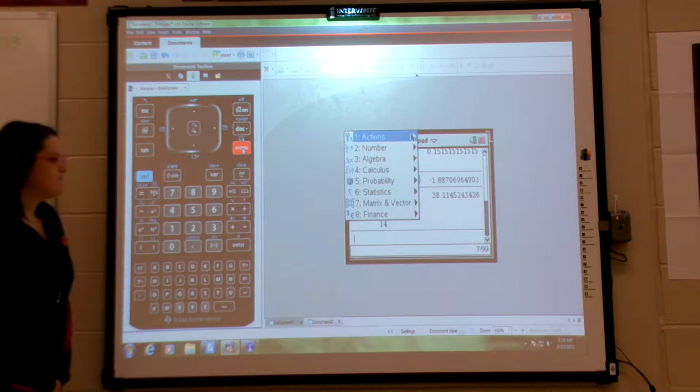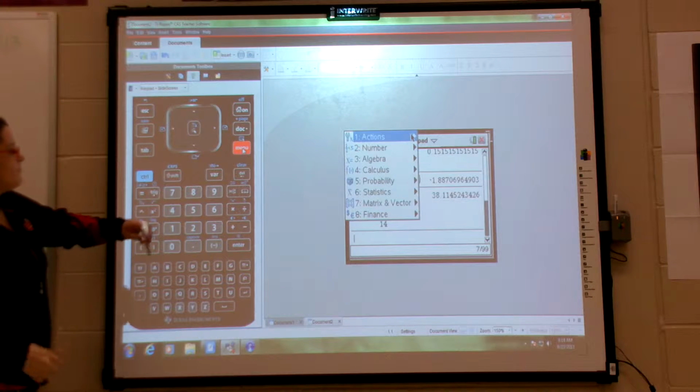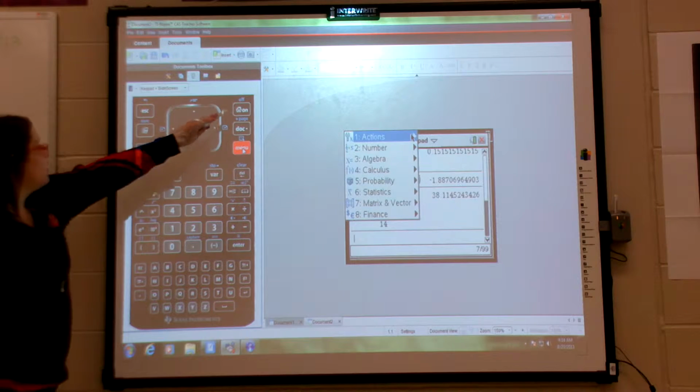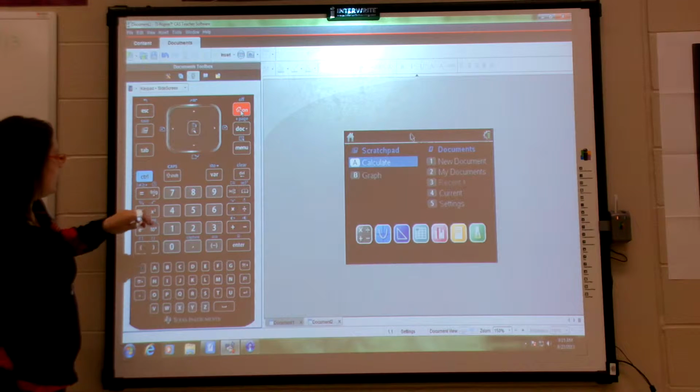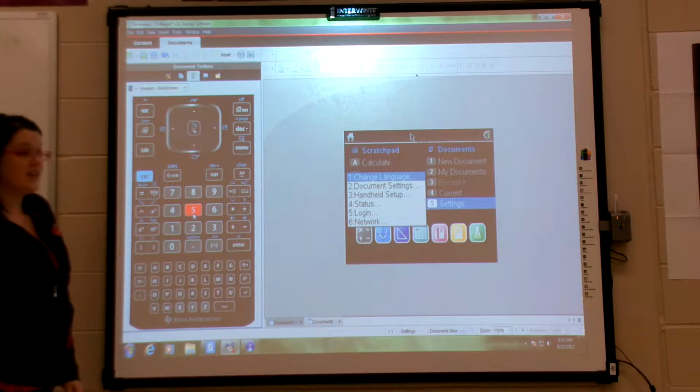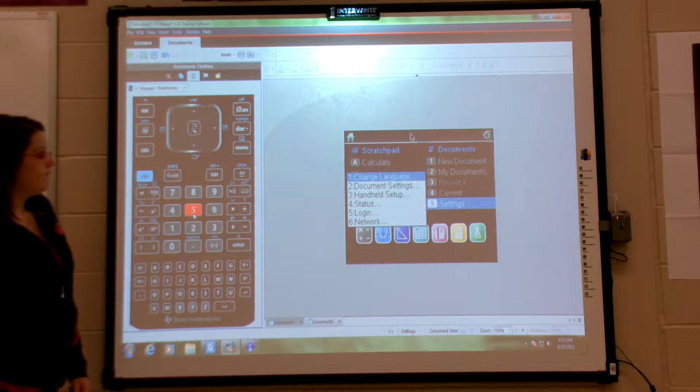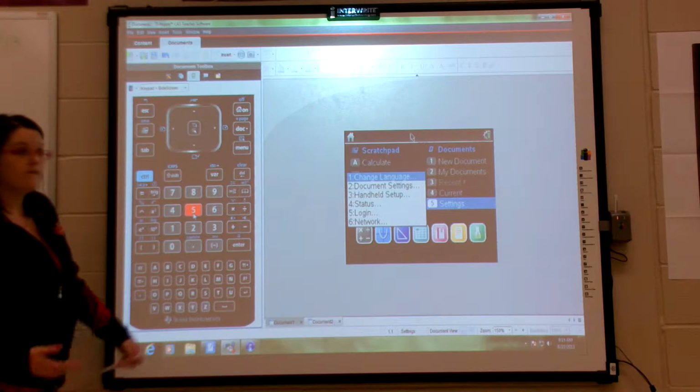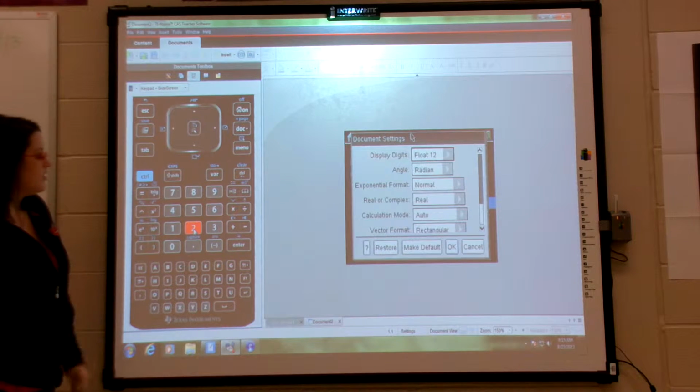Should we be in graphing? You can go home, you can calculate, or you want to go to settings. It's up to you. I would go to settings. Remember we found this yesterday? You can go to the file menu. Document settings. We were just there yesterday.